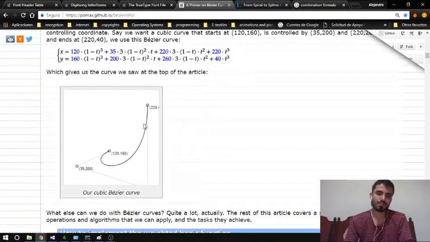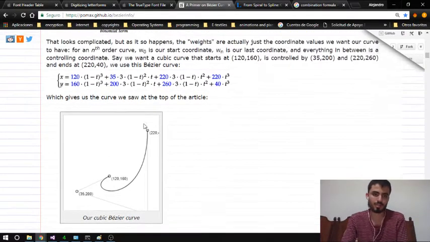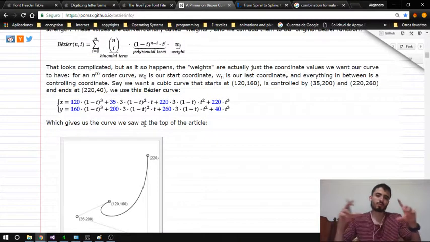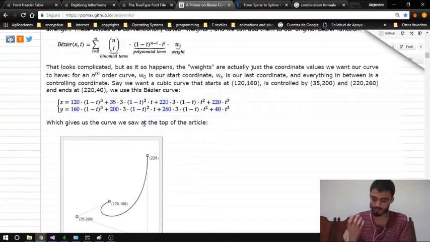And if we have a square where we have 1, 1, imagine that, for example, here we say it's 120, 160 for the 4 points that define the curve, but instead for a quadratic we have, I don't know, something simpler: 1 0, 0 1, 1 1.